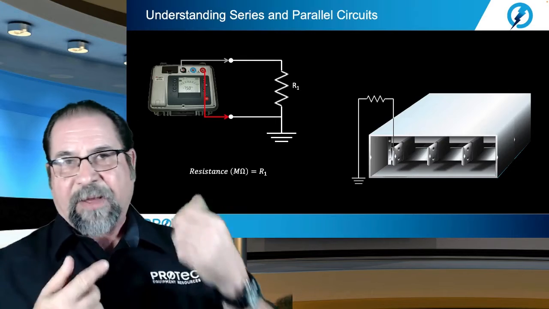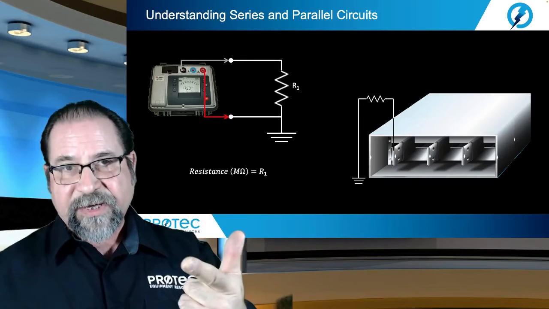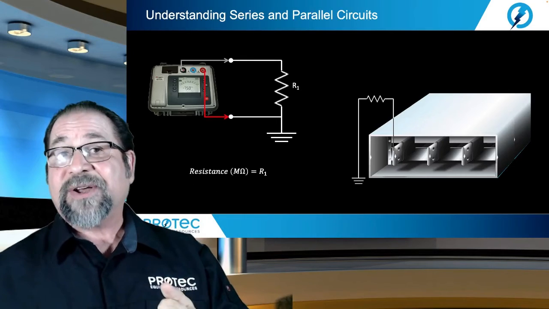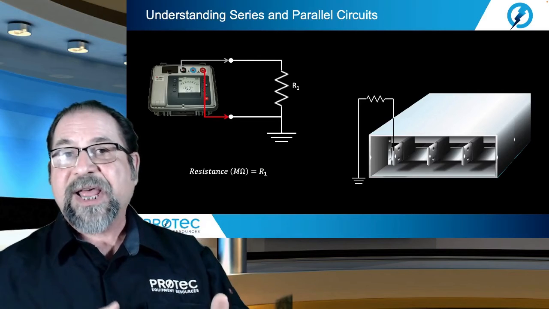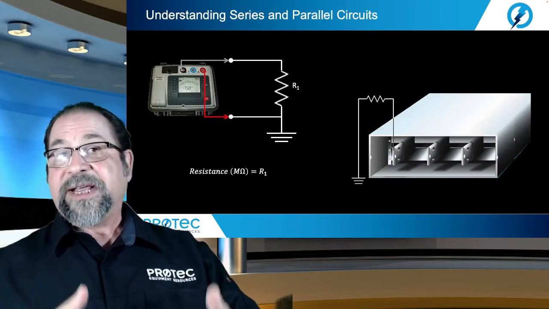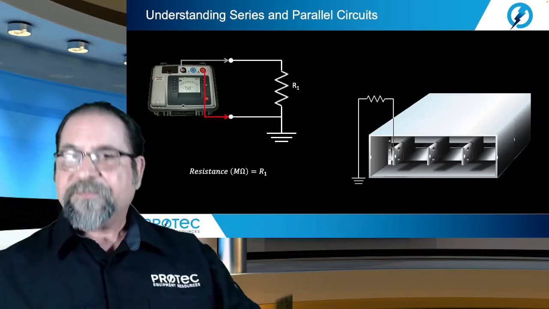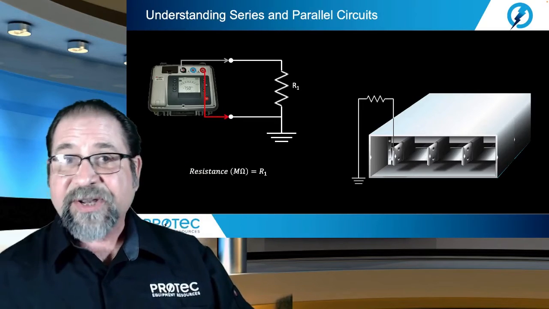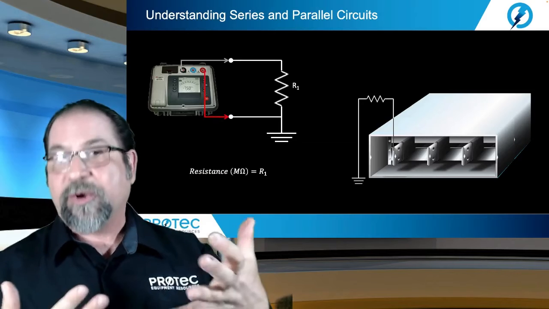Applying a known voltage, measuring a leakage current, through the magic of Ohm's law, the instrument displays the resistance. In this case, leakage current should be very, very low. Therefore, resistance should calculate out to be megohms and greater.